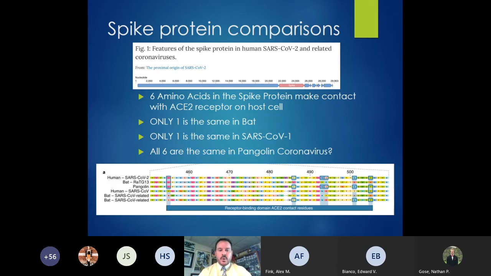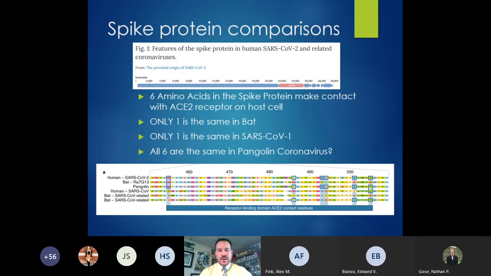All right, so when you compare this SARS-CoV-2 with the other known viruses, what you see is that only one of those 6 amino acids that are critical for making contact with the host cell receptor is the same between SARS-CoV-2 and the closest relative, this bat coronavirus.